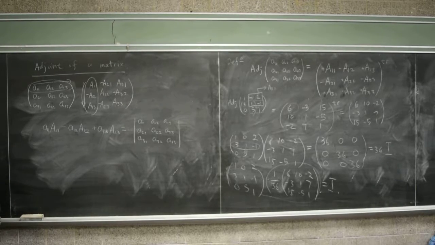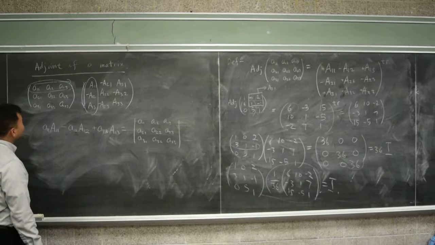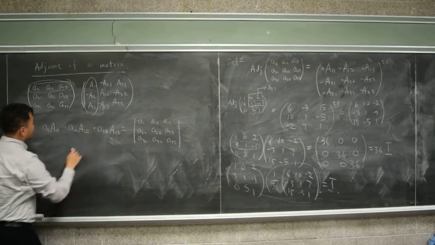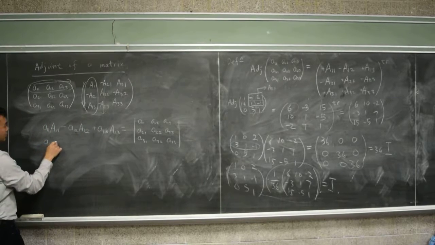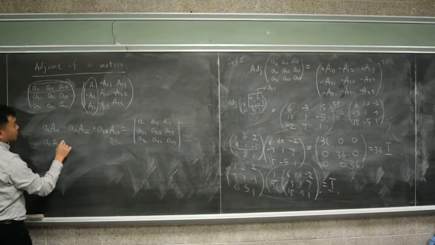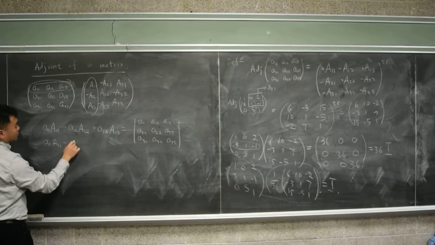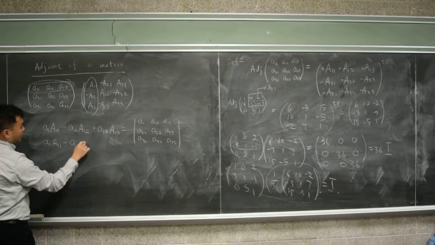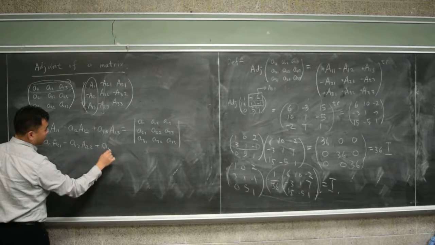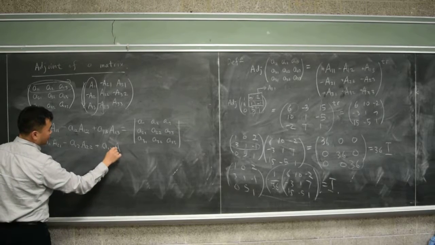Now, what about this times this? That will give you A11, A21 minus A12, A22 plus A13, A23.